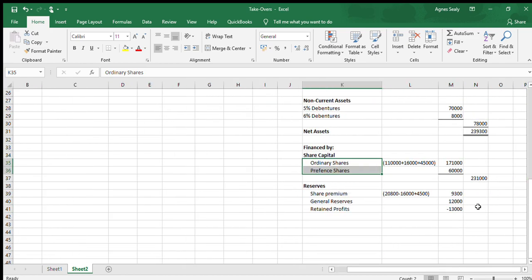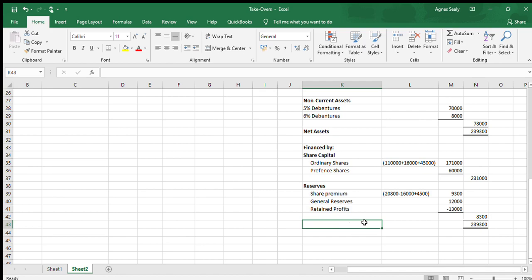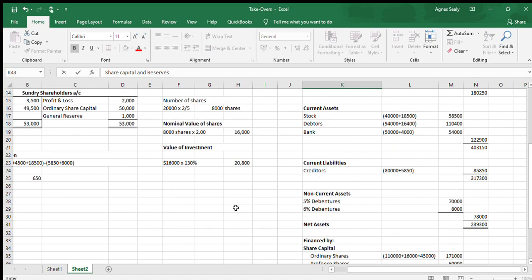So we have here $8,300, and then we're going to add $2,300 plus our $8,300, which then gives us our share capital and reserves for Ensure Limited of $239,300.